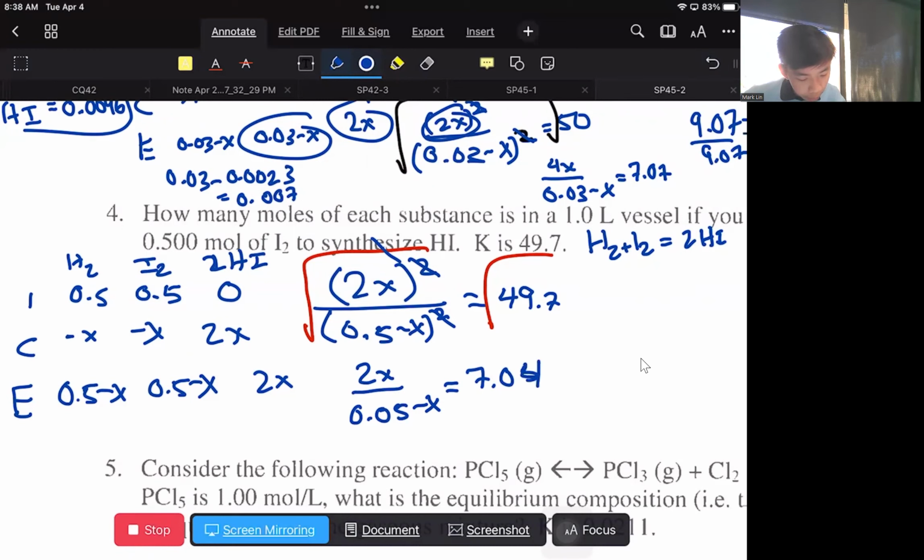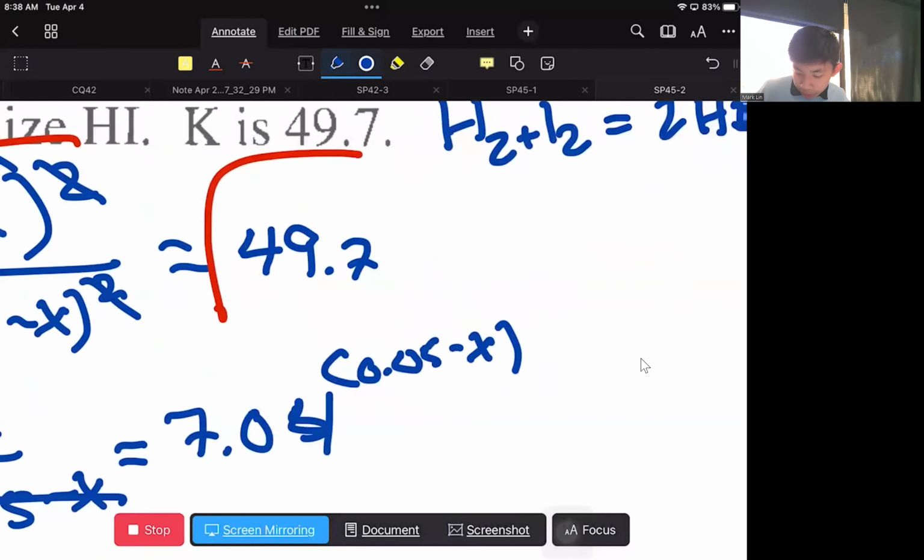Right, you multiply both sides by 0.05 minus x. Right, 2 times 0.05 will give you... all right, no, yeah, these cancel out, and then 7.04 times 0.5.